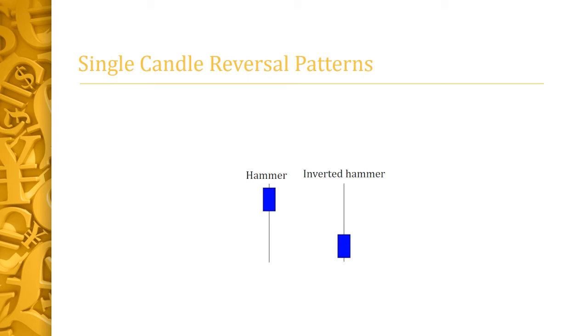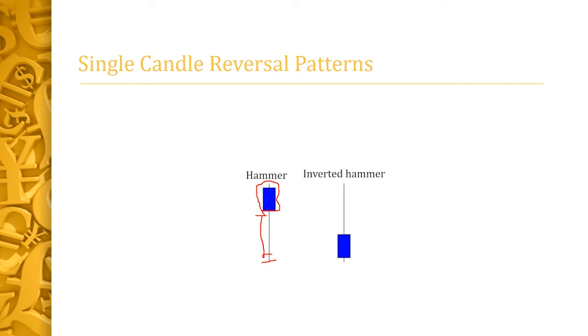The color of the real body is not important, so this section here could be red also. Sorry for my drawing. And the second rule is that it has a long lower shadow that should be at least twice the height of the real body. So this wick here should be at least double the size of the body itself.